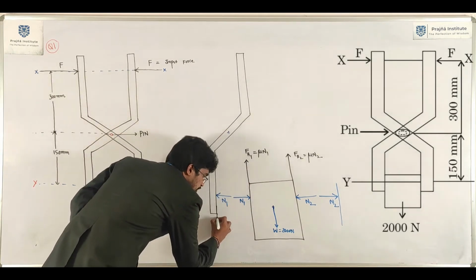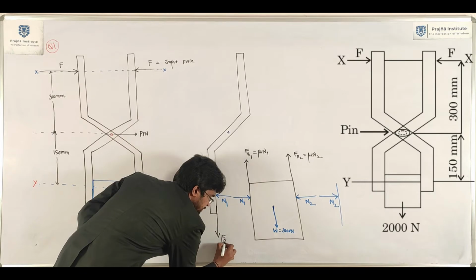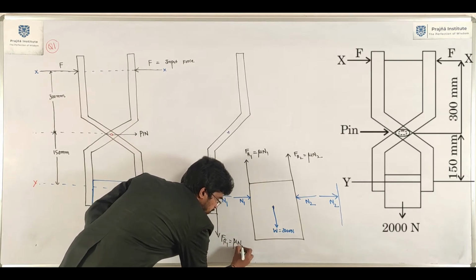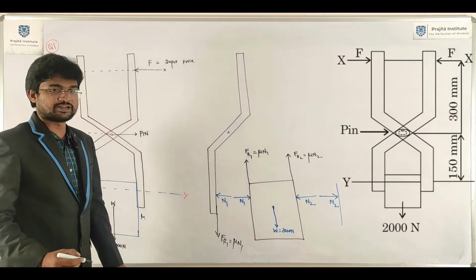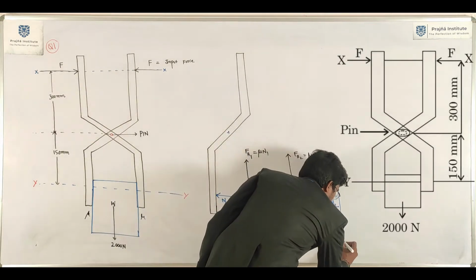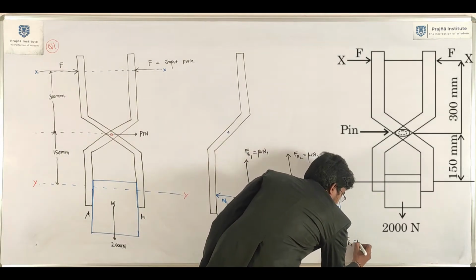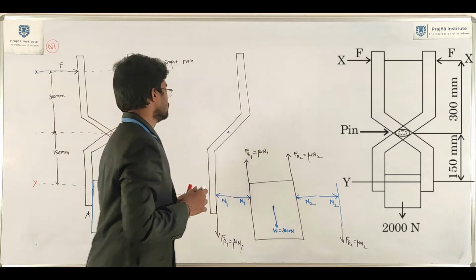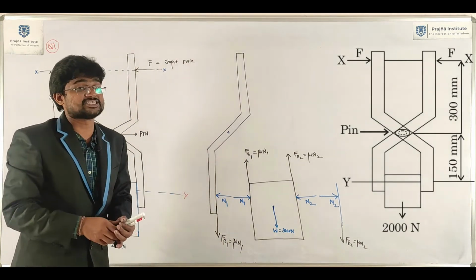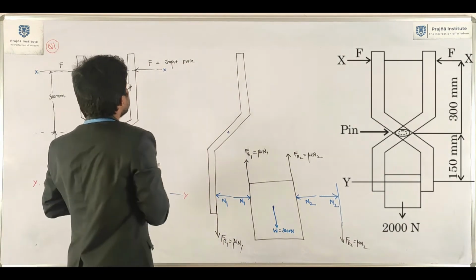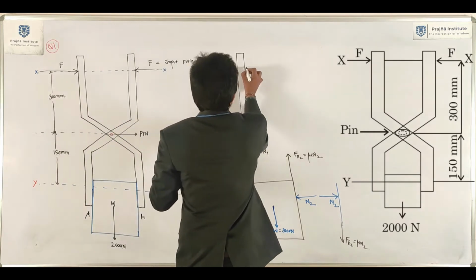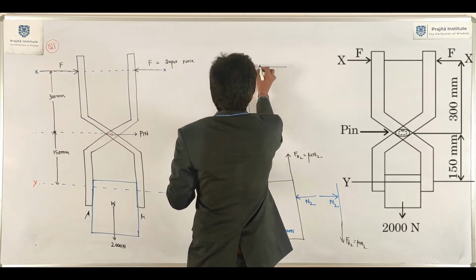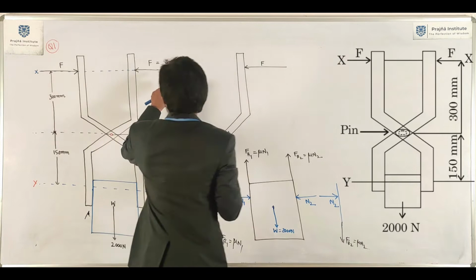Here we need to incorporate the relative friction. Fr1 equals mu into N1, and one more relative friction comes here, Fr2 equals mu into N2. The weight of the gripper tongue is not given. And the input force F is given, along with its line of action.